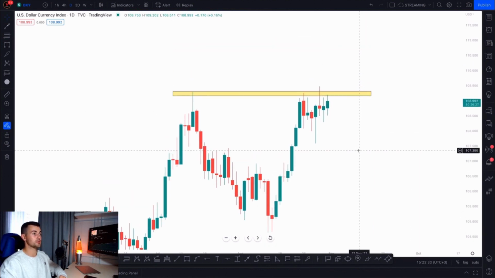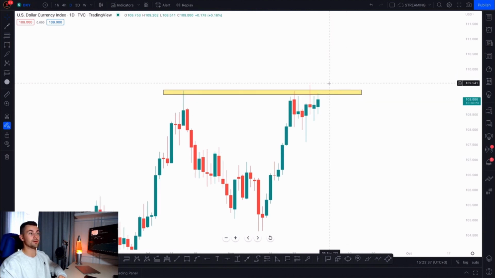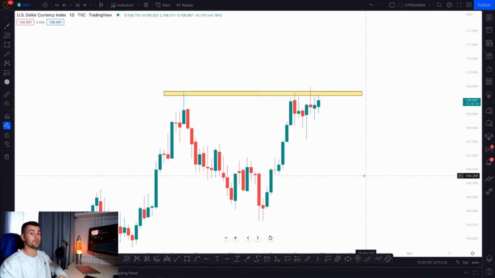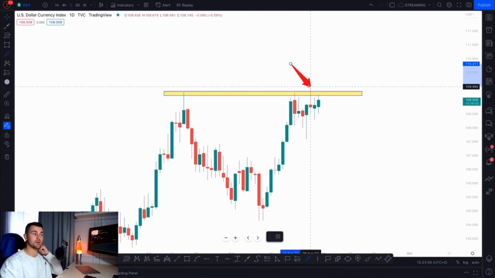And traders, if we break these highs to the upside, it will trigger very strong reactions on all dollar related pairs. Yes, so you can see that we already got a breakout attempt of that resistance here on dollar index.